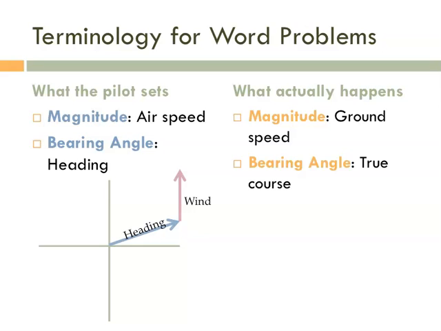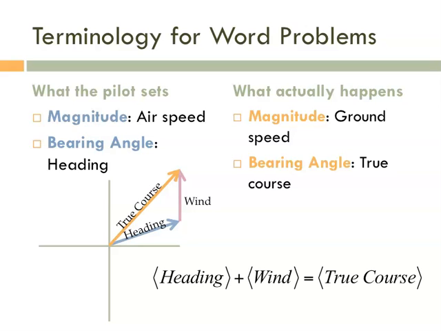It's going to be the blue vector plus that pink one, which represents the wind. If you add those together, you end up with a resultant vector, which is the true course. So you can think of it as the heading, whatever the pilot just set, plus the wind gives you the true course, what actually ends up happening.